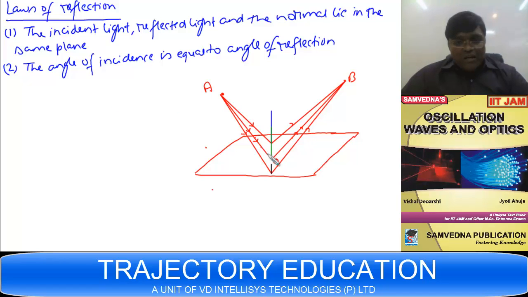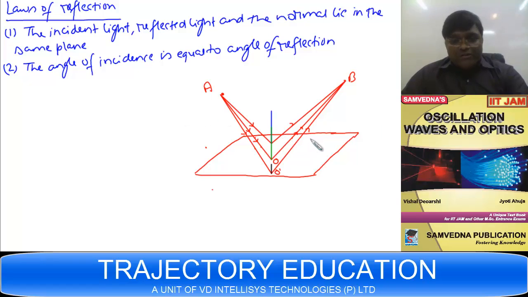AO is the incident light and OB is the reflected light, and this is the normal. If they are three in one plane, then compared to this path, this is going to be higher. This length AO dash will be more than AO and O dash B will be more than OB. So compared to all the paths, the one which involves the incident light, reflected light and normal in one plane is going to be the least path.